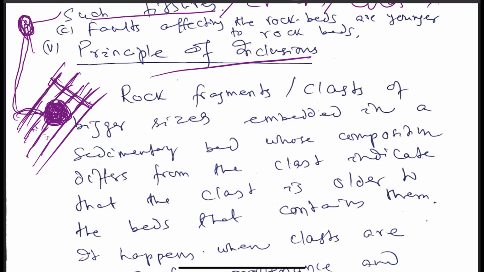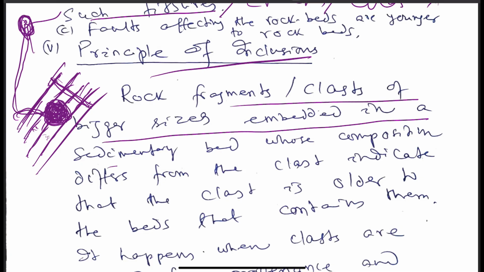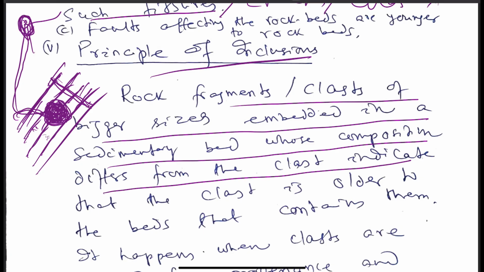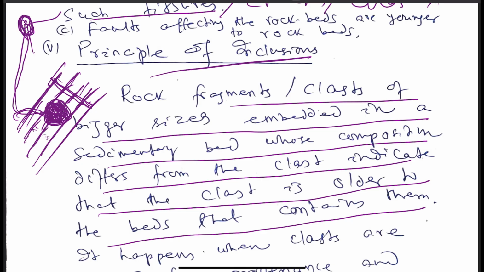So what is the principle? Rock fragments or clasts of bigger sizes embedded in a sedimentary bed whose composition differs from the clast indicate that the clast is older to the beds that contain them, because it was existing in the provenance before the sedimentary layers were produced. Now they have been brought and deposited here.